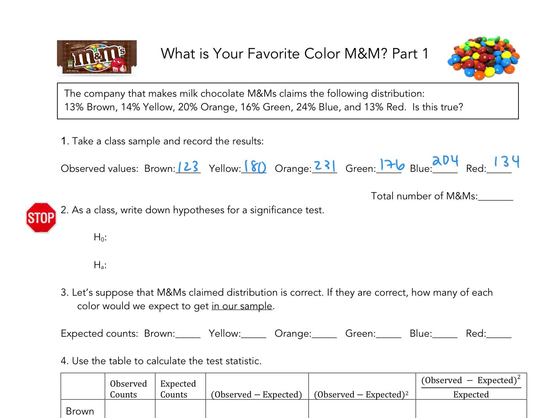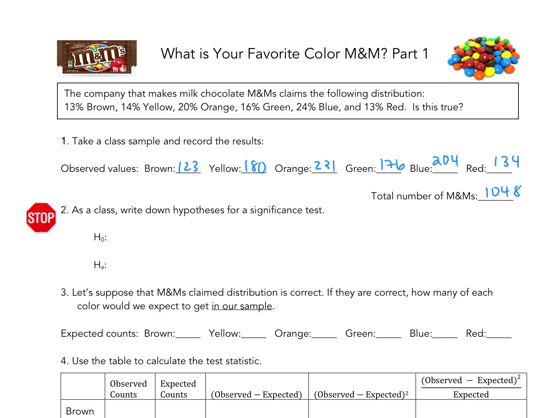The total number of M&Ms we had was 1,048. That was a party-sized bag that we split. Okay. We good so far?